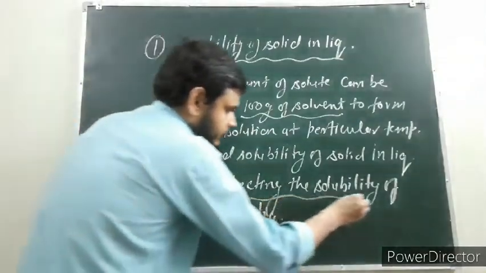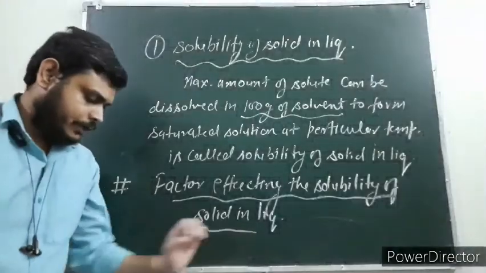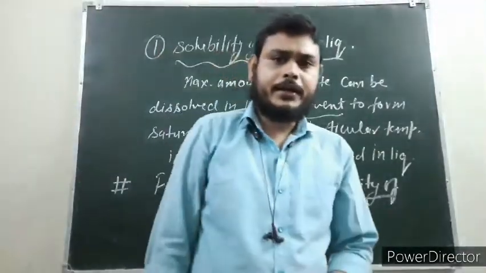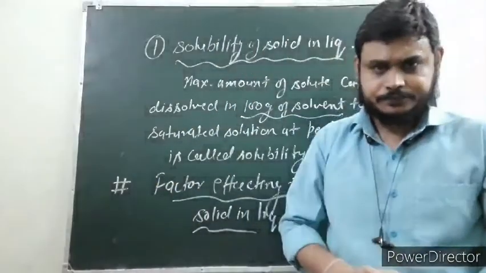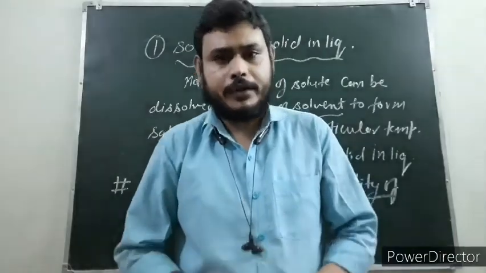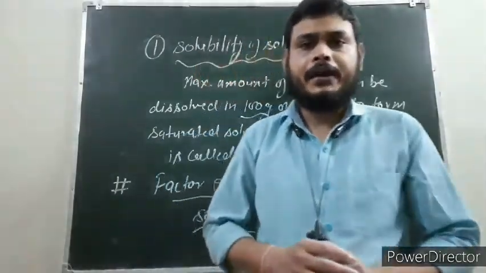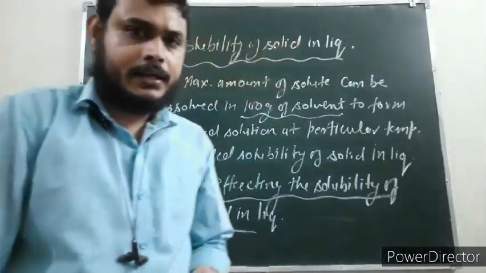It is the heading. There are many factors that affect the solubility of solid in liquid. For example, nature of solute and solvent. The second factor is the temperature, and the third factor is pressure.